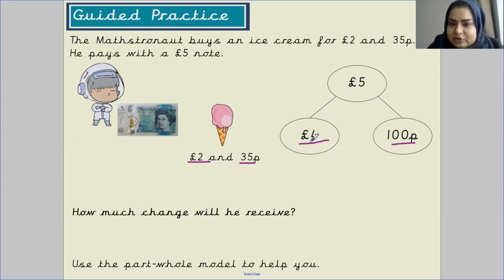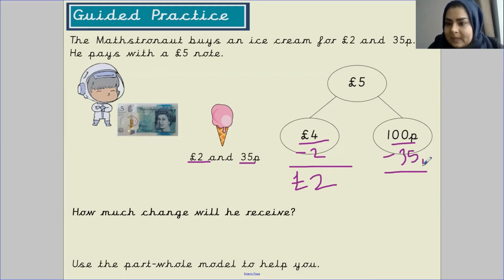So I'm going to do 4 take away £2, which gives me how many pounds? Fantastic, £2. Then I'm going to do 100p take away 35p.